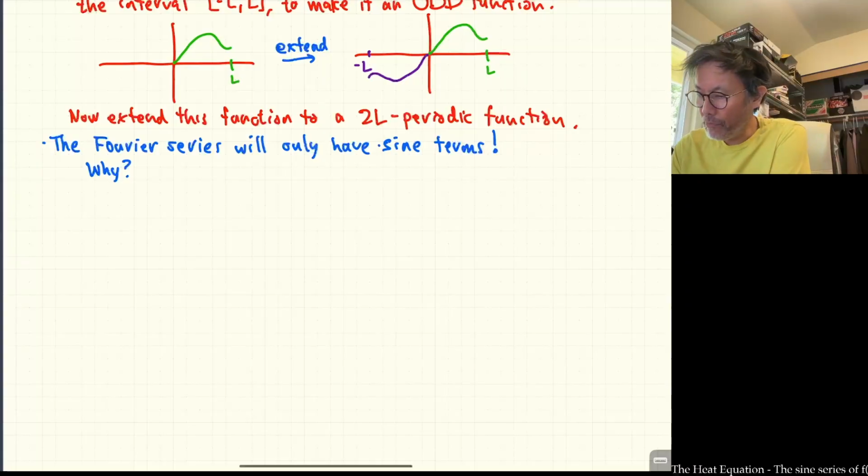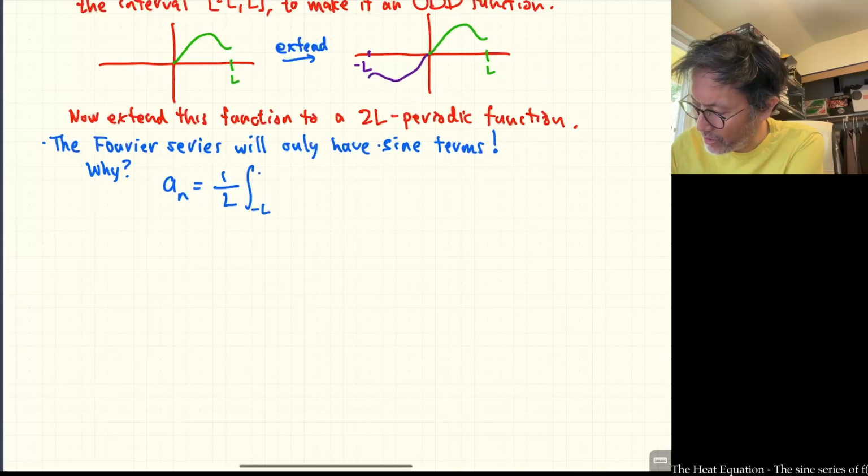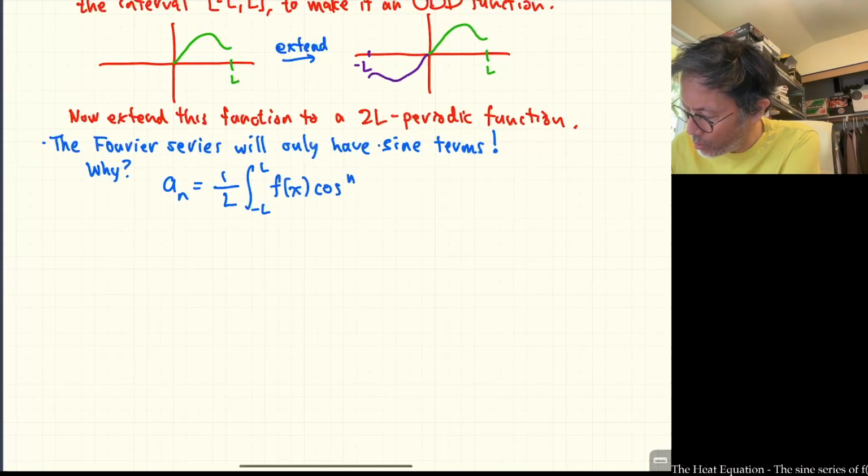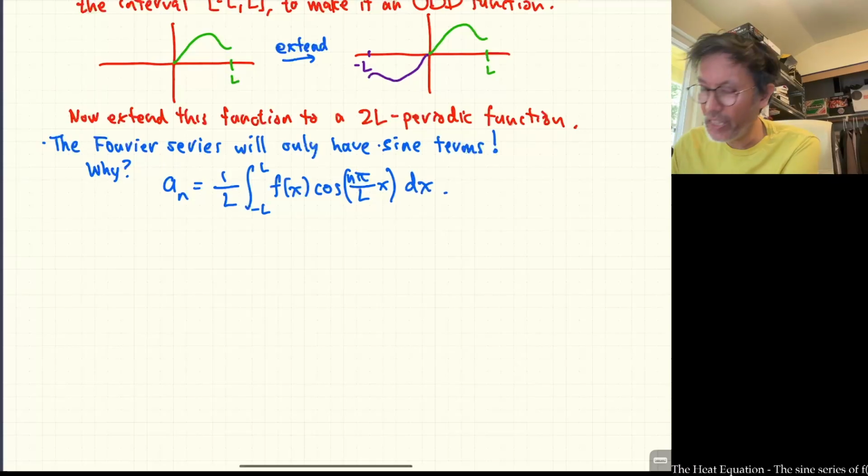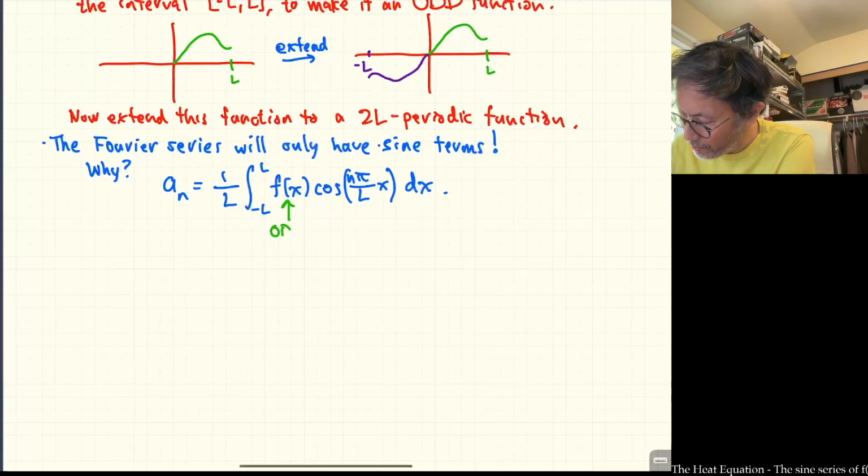Because if we write down a sub n, it's something like 1 over L times the integral from negative L to L of f of x times cosine n pi over L times x dx. Okay? But crucially, this function now from negative L to L is odd. And this part here is well known to be even.